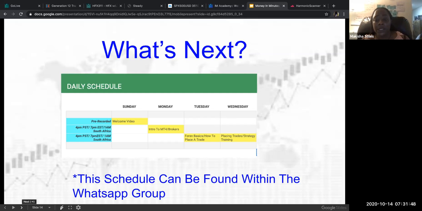Tomorrow you'll be placing trades and doing strategy training. Tomorrow is when we're going to be dropping trade ideas into the WhatsApp group that you're all in, so you'll be able to take trades on your own. Be on the lookout, because we're going to send a lot of them tomorrow so you can get the hang of taking and placing your own trades.